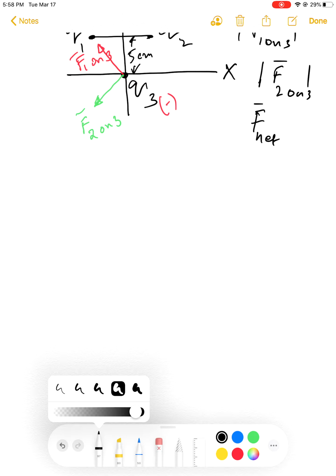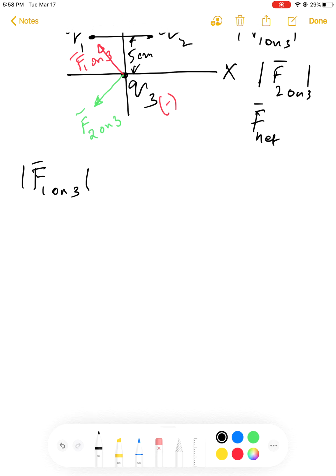We are going to use the two versions of Coulomb's law, basically the same formula. So F 1 on 3 would look like K Q1 Q3 divided by R13 squared, right? We know everything else apart from R13.